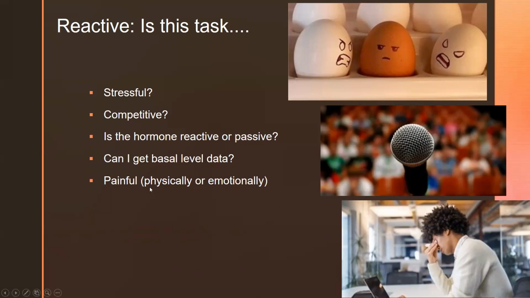It can also be used for physical or emotional pain. Lots of studies that look at that. But the gist of this is you want to get reactive hormones whenever you are doing an experimental design where there is a specific event. So not something necessarily that's chronic or over time.